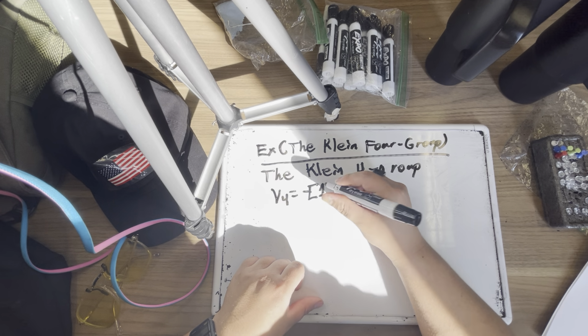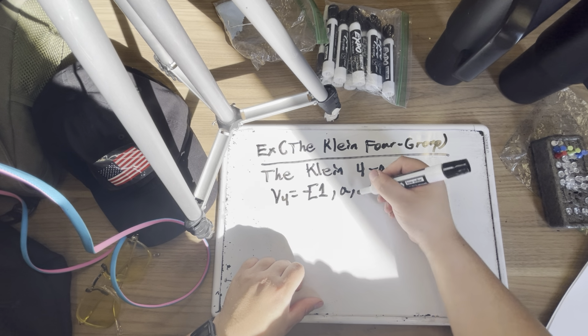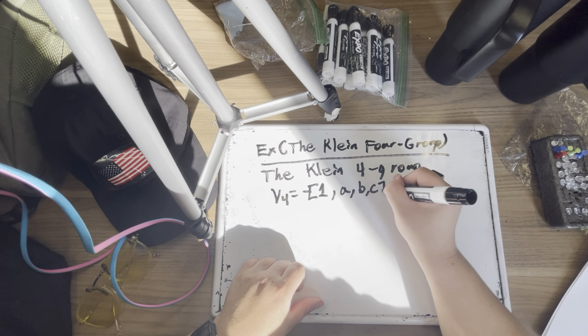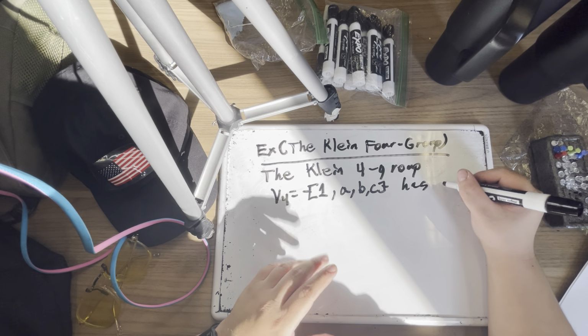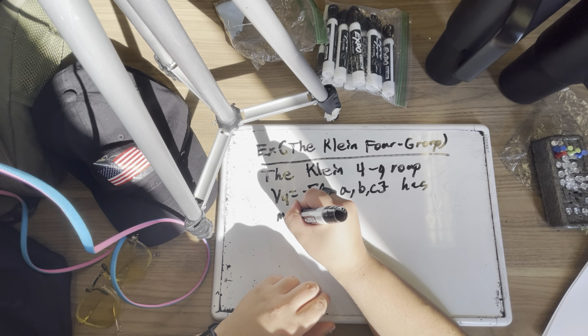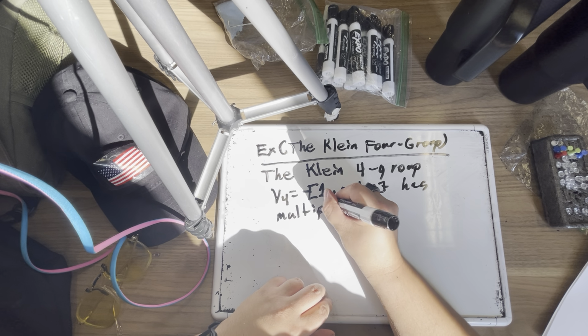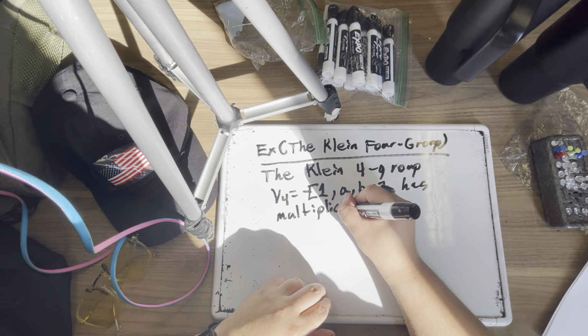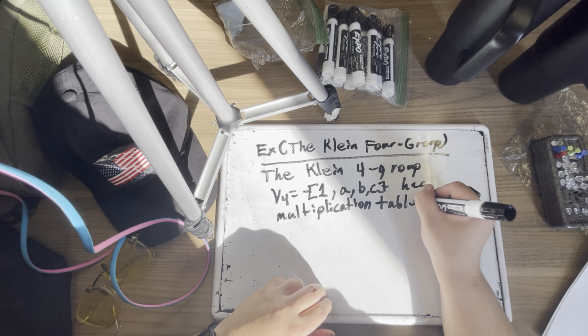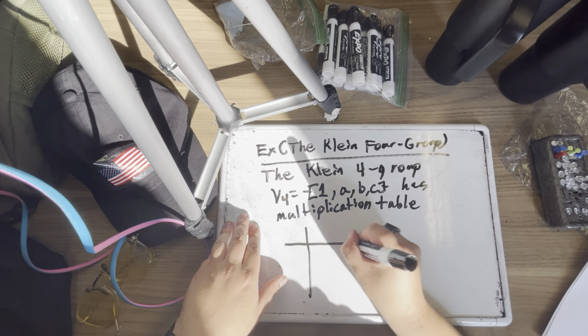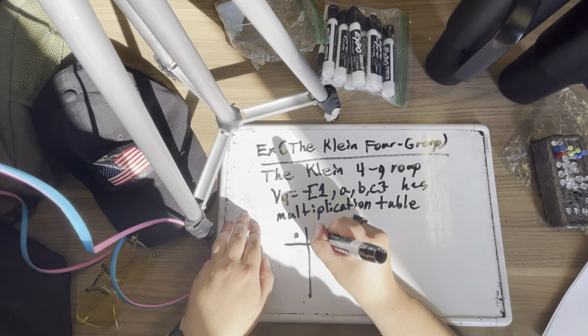But that's equal to the set containing 1, A, B, C. That has a multiplication table. So this Klein 4 group has a multiplication table. Let's just put that right out there. And what does this multiplication table look like? Well, like so.